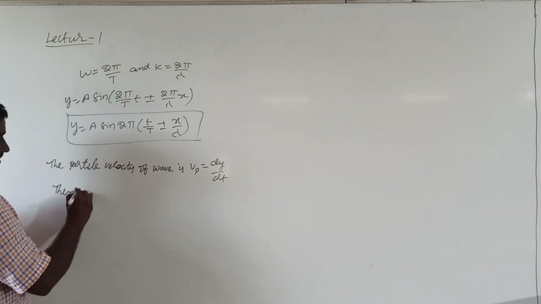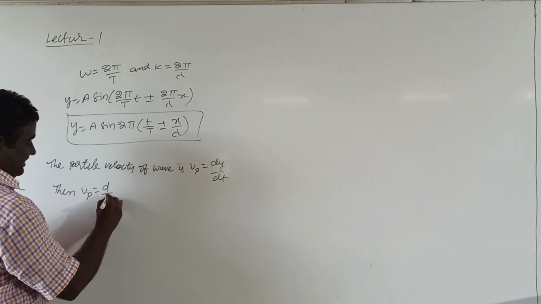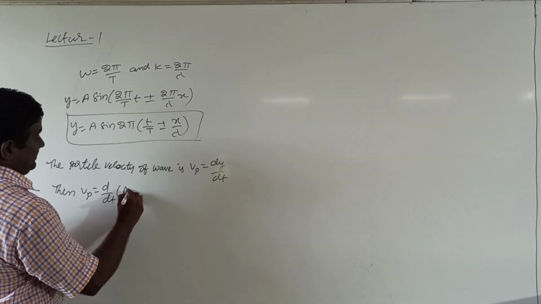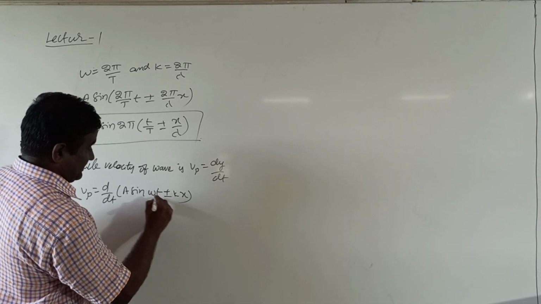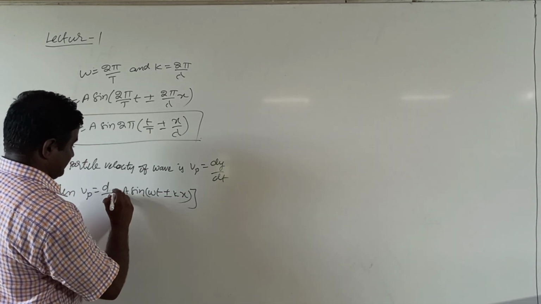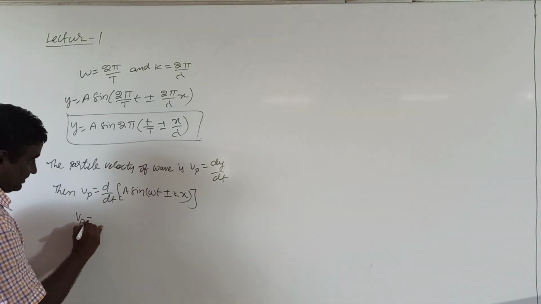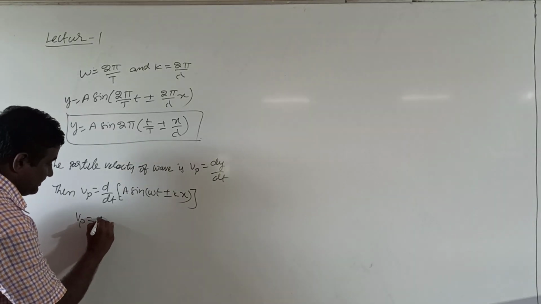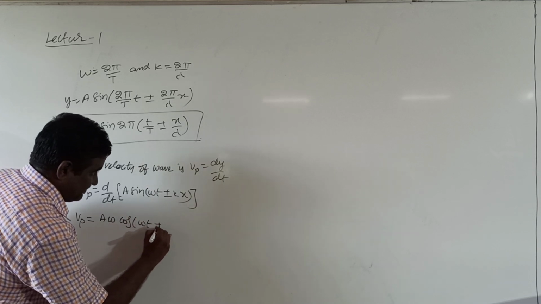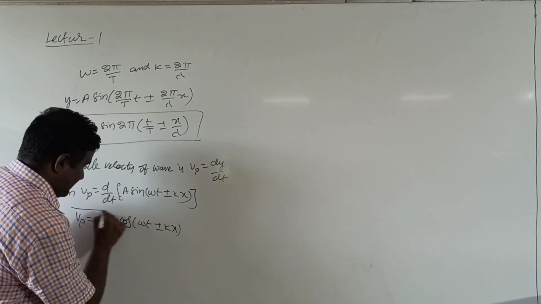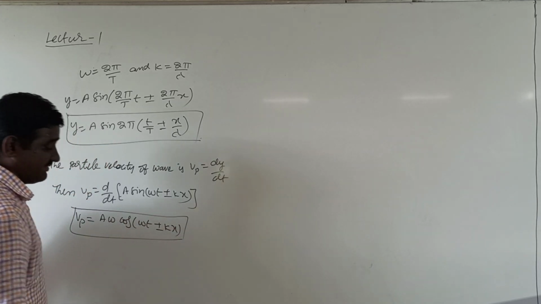Then Vp equal to d by dt of a sin(omega t plus or minus kx). Then Vp equal to a omega into cos(omega t plus or minus kx), which is the equation of particle velocity of the wave.